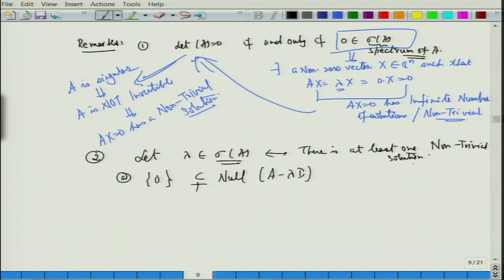This will imply that the dimension of the null space of A minus lambda I will be greater than or equal to 1.